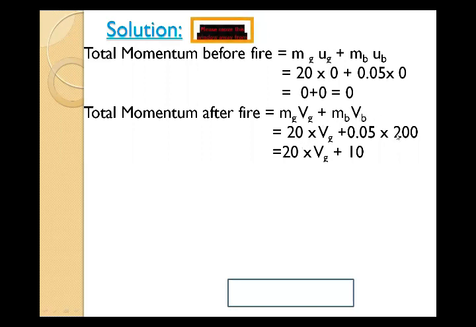Now we are putting in the values, and we don't have the velocity Vg, the velocity of the recoil of the gun, because this is the quantity which we have to find. So we don't place any value, we keep it as a symbol, and by putting in all the values and multiplying we get this expression.